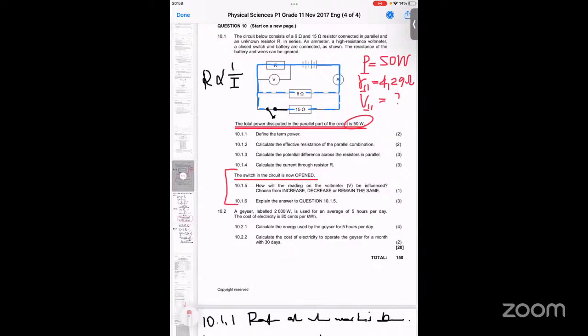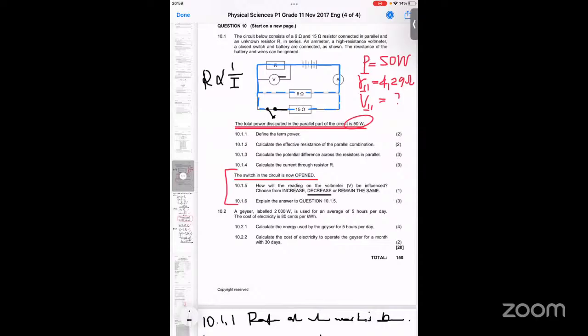The switch in the circuit is now opened. How will the reading on the voltmeter V be influenced? No, it will not remain the same. It has to decrease.